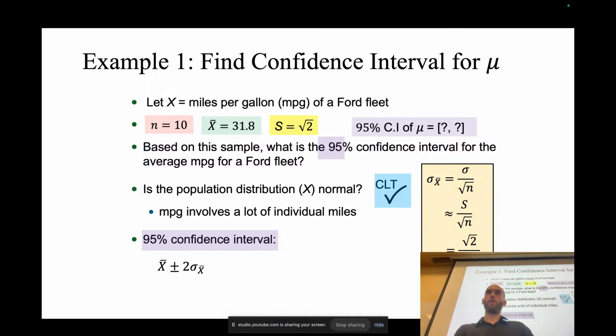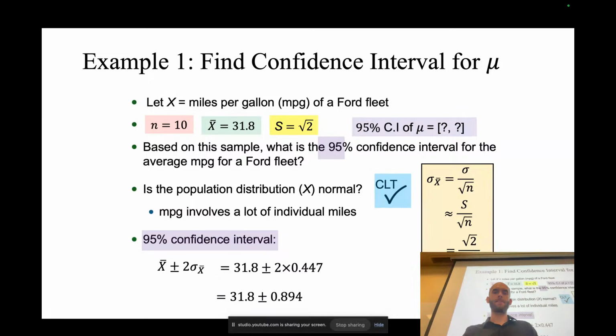We can just plug in all these numbers. Square root of 2 divided by the square root of 10. And so because we know the sample mean, we can just add and subtract 2 times the standard error to get our confidence interval.